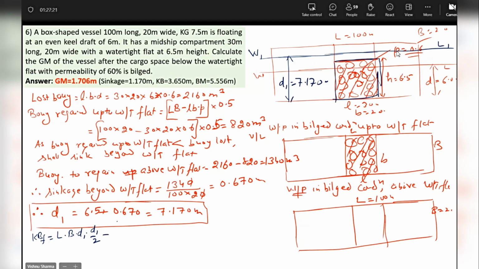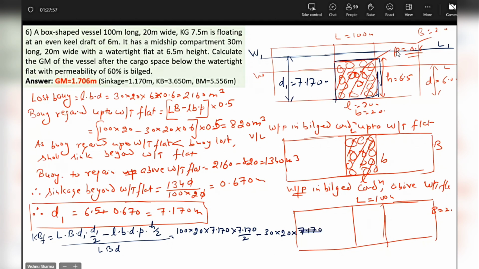So that volume is LBD into P, and its distance from the keel will be H by 2, 6.5 by 2, divided by LBD. And when you put the values, 100 into 20 into 7.170 into 7.170 by 2 minus 30 into 20 into draft 7.170.